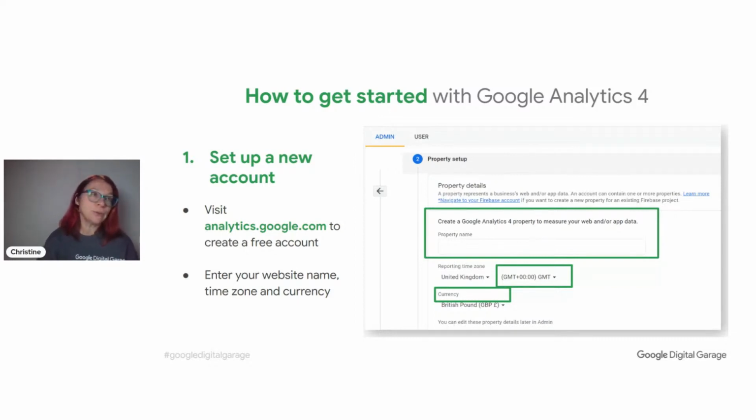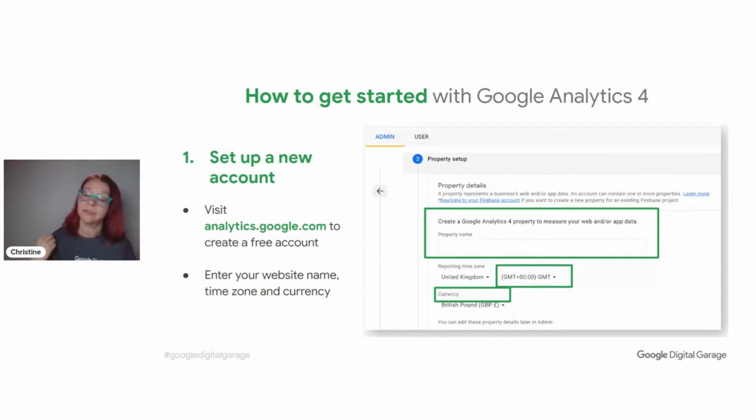Since the old version got turned off this summer, if you still haven't been into your old analytics account since then, you will have been moved over the best way possible to a new Google Analytics 4 account. You'll need to do just a little bit of checking to make sure it's measuring what you want it to measure. Okay.